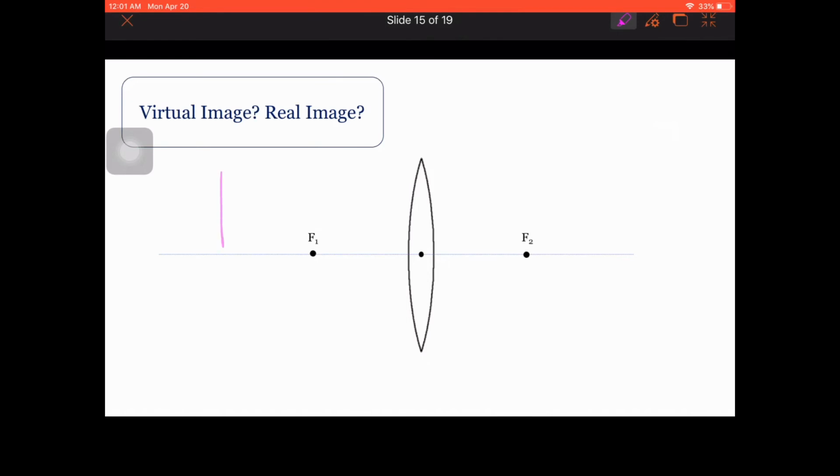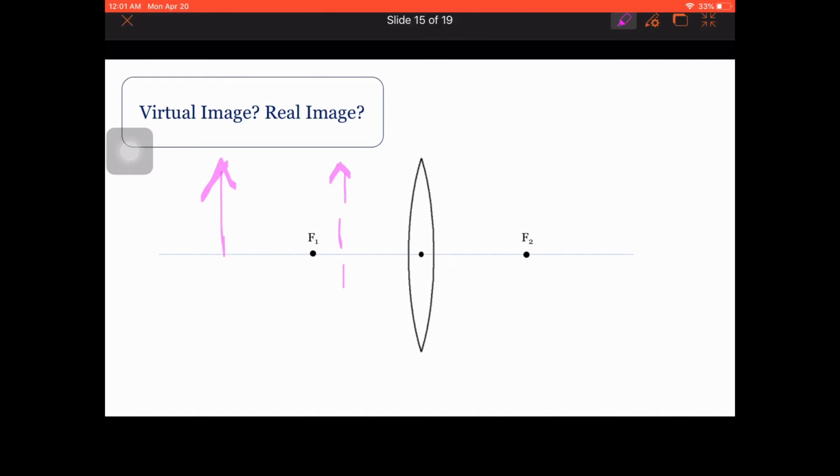For example, if we have our object here on the left side and we form an image on its side, on the side of the object, this is a virtual image. It is an image formed by imaginary rays of light, so it is always found on the object side.